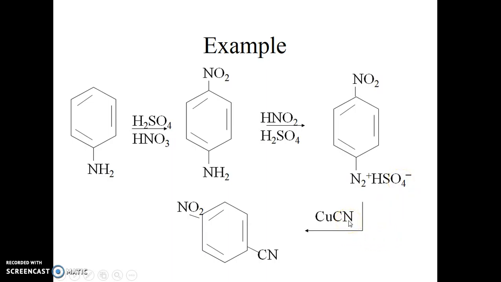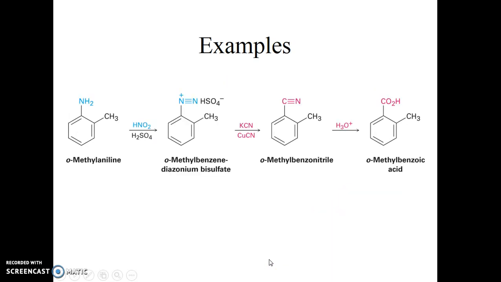Treatment with copper 1 cyanide displaces the diazonium salt with the nitrile. Here we have orthomethyl-aniline forming the diazonium salt and copper cyanide giving us the nitrile. Hydrolysis can give us a benzoic acid, so remember all your other reactions.